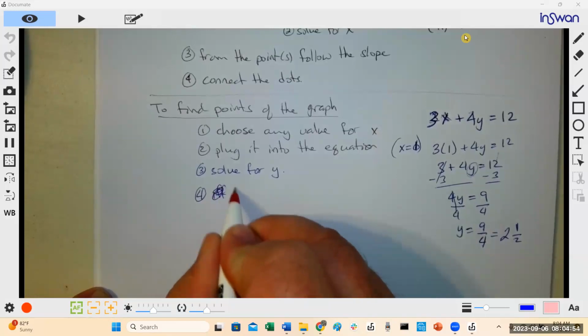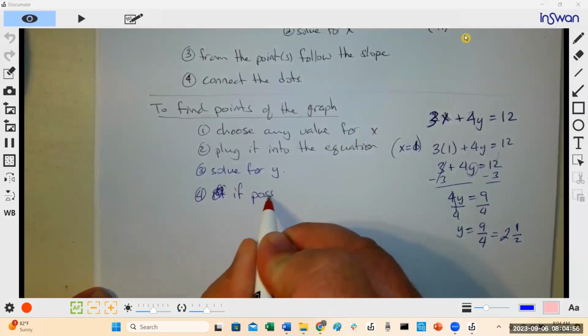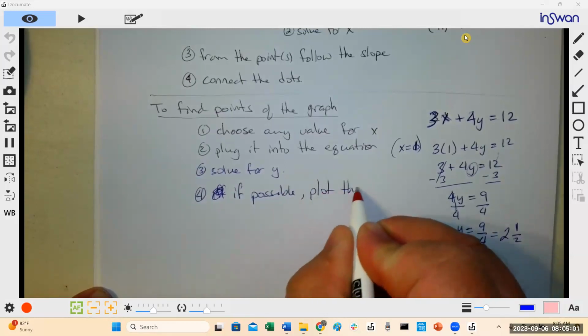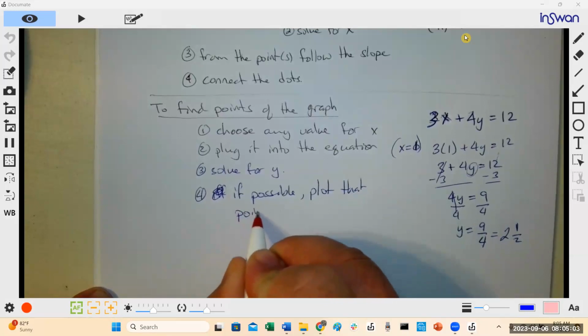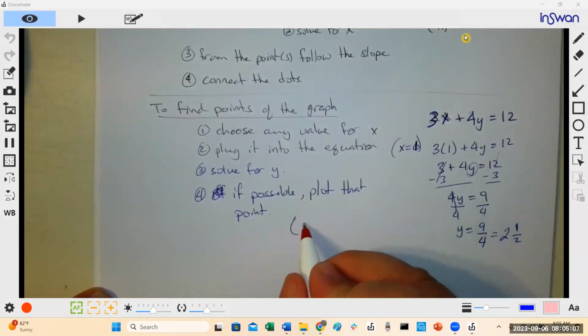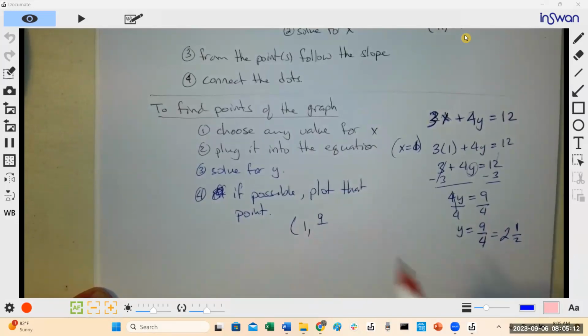If possible, plot that point. So our point is x was 1, and we have 9 over 4.